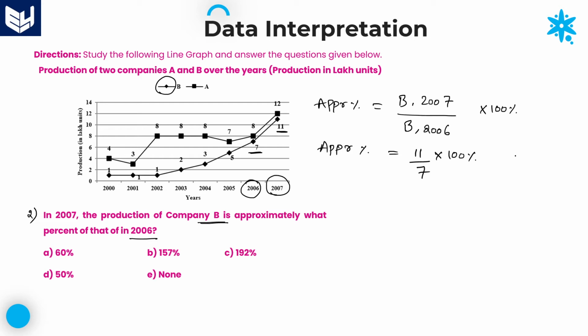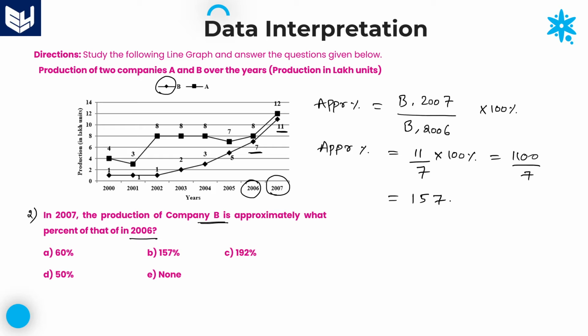Now you can calculate this value. 1100 by 7, that is equal to 157.